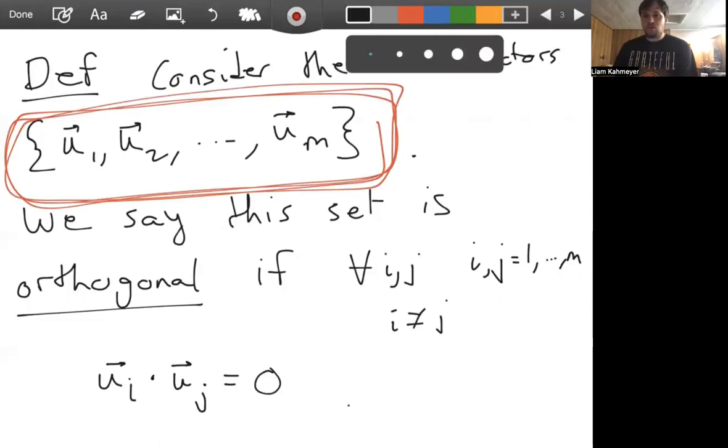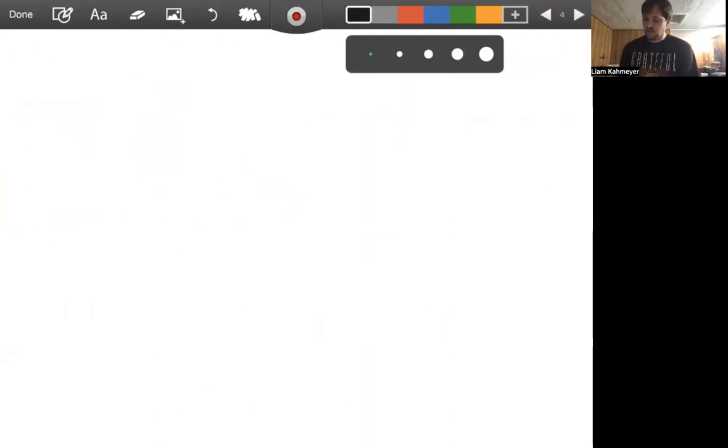We have a more restrictive concept as well, and that's when a set of vectors is orthonormal. So let's give another definition here.